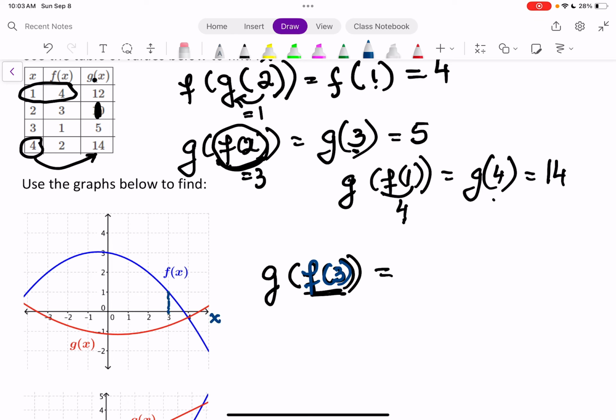Look on the function f of x when x is 3, and you're going to find 1. Now, we're not done, because there's a second machine that says to plug this 1 into the function g. So now the input for the function g is 1. So x is 1. Plug it into the function g. What do we get for an answer? It's maybe a little bit lower than -1, but we're just going to say -1.